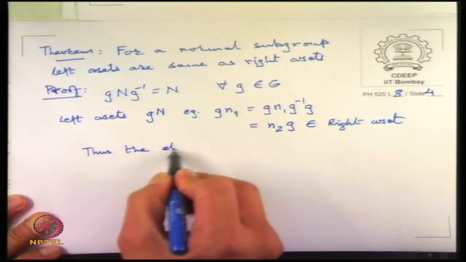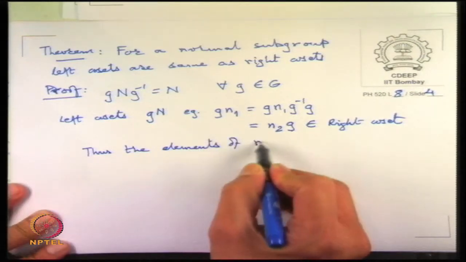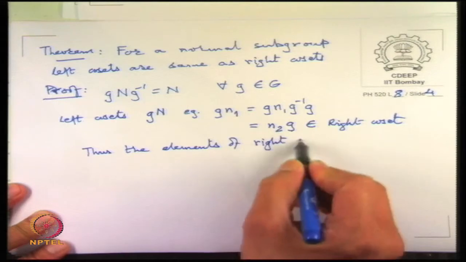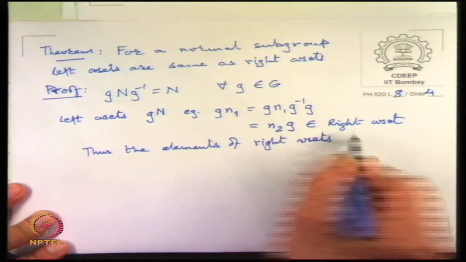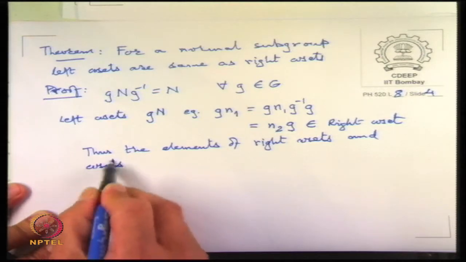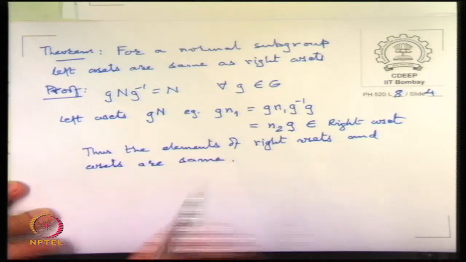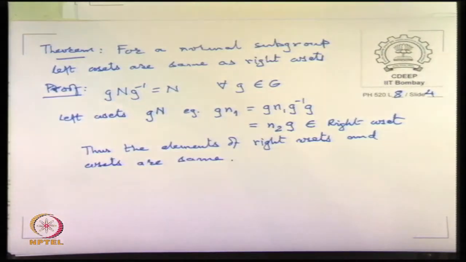Thus the elements of right cosets and left cosets are same. So this is one property of normal subgroups.